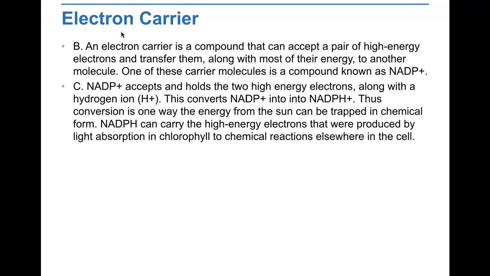The NADPH can carry the high-energy electrons that were produced by light absorption in chlorophyll to chemical reactions elsewhere in the chloroplasts. Those high-energy electrons can then be used to help build sugars like glucose from nothing more than carbon dioxide and water.